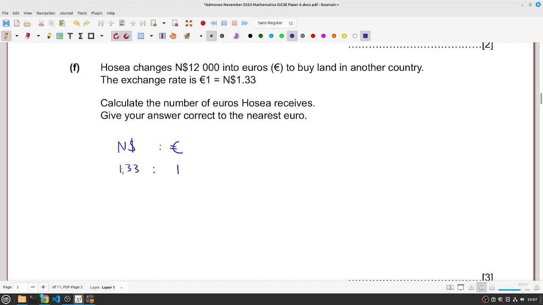Now I want to exchange 12,000 Namibian dollars into euros. We don't know how many euros. Let's call it X. And then again, we can just cross multiply to solve here. So multiply those. That's 1.33x equals 1 times 12,000. And then we divide both sides by the 1.33.